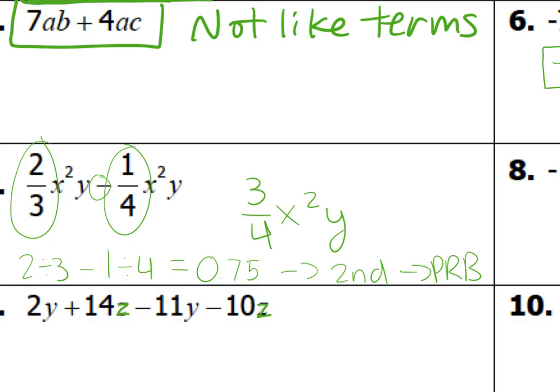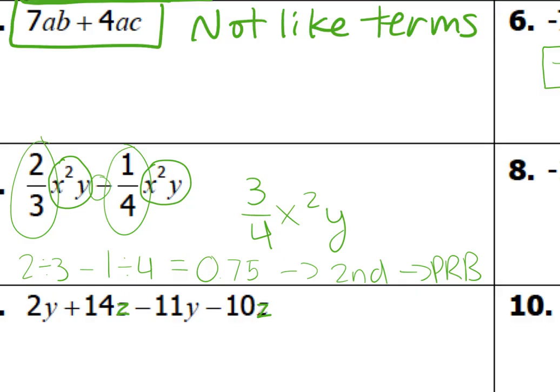Thank you, Chloe. Notice what she did. It was x squared y and x squared y. I didn't work it out. 2/3 minus 1/4.